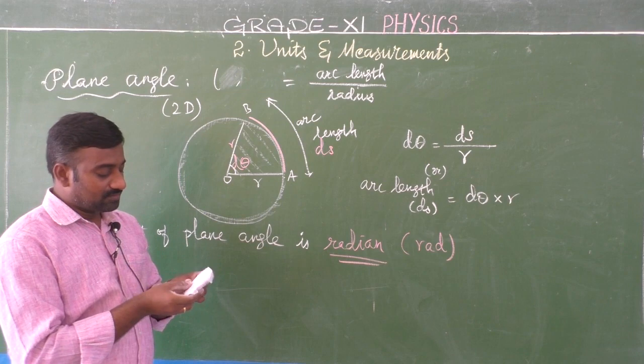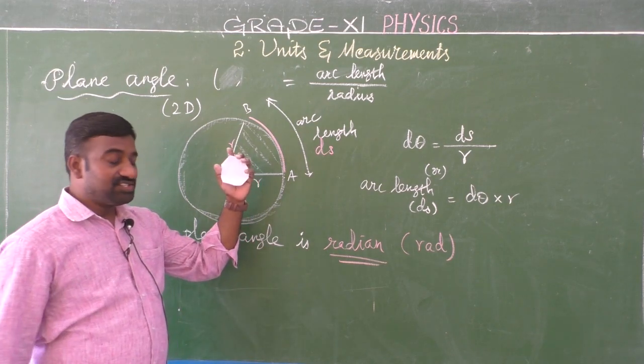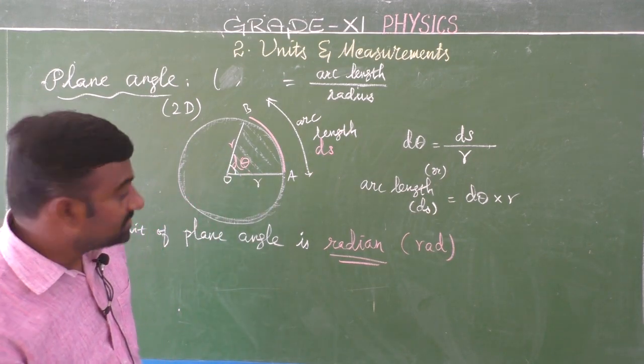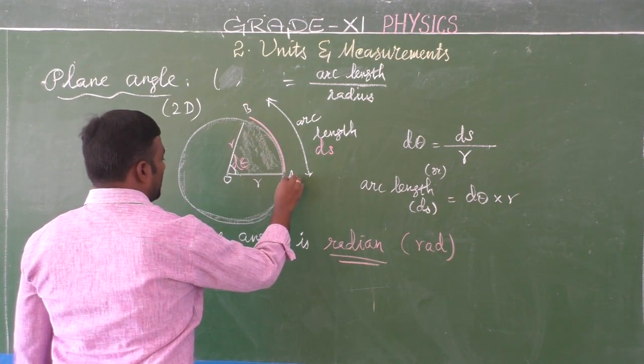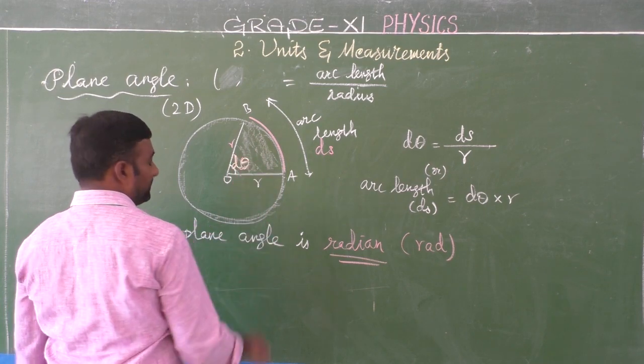So anyhow, we have a circular sheet of paper. In this circular sheet, we take a small arc, and the arc length is AB. From A to B it makes a small angle d theta.